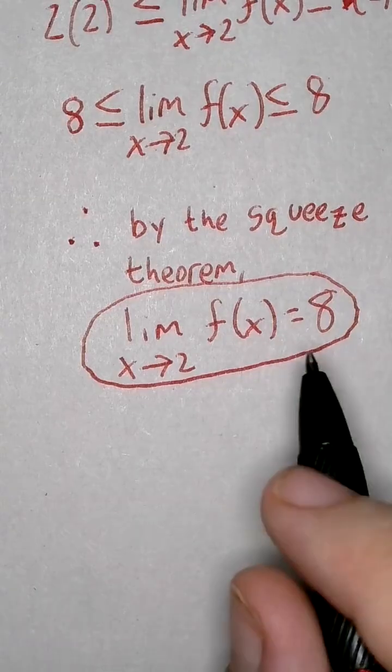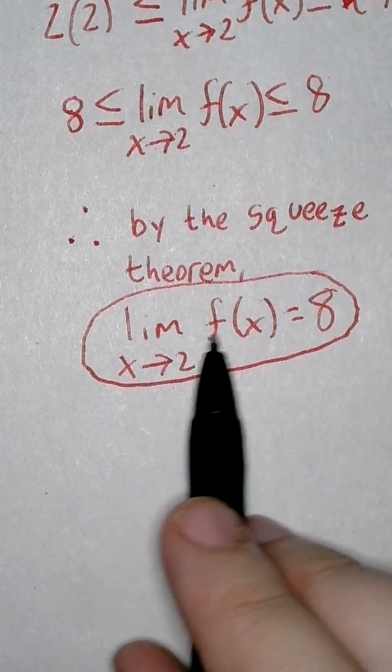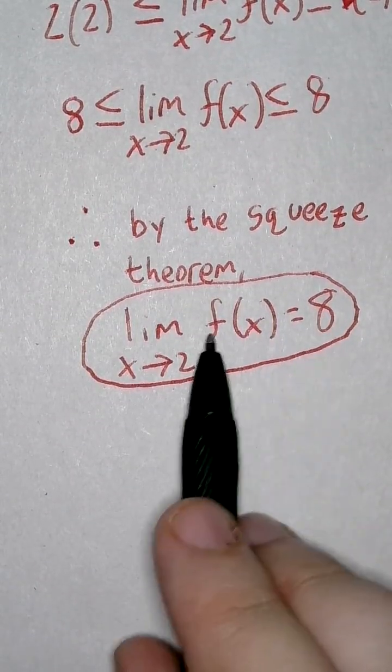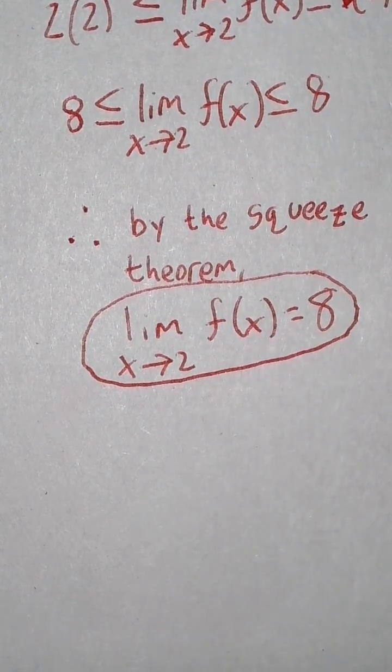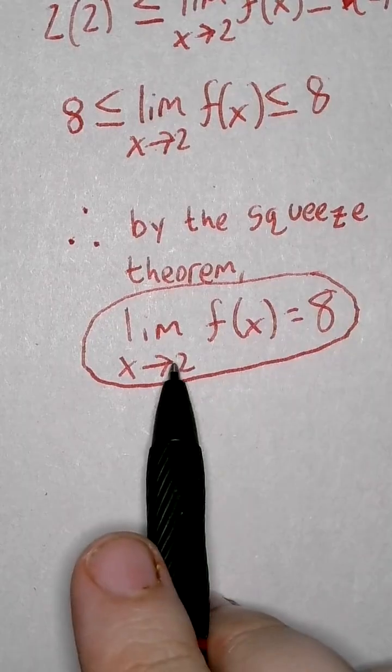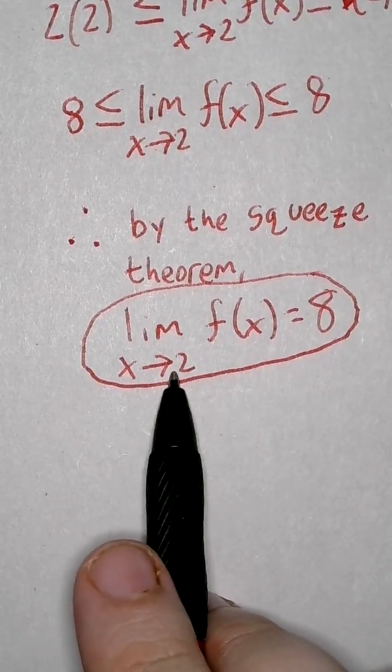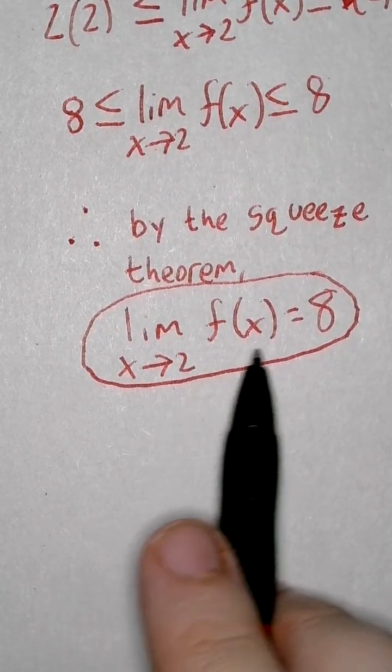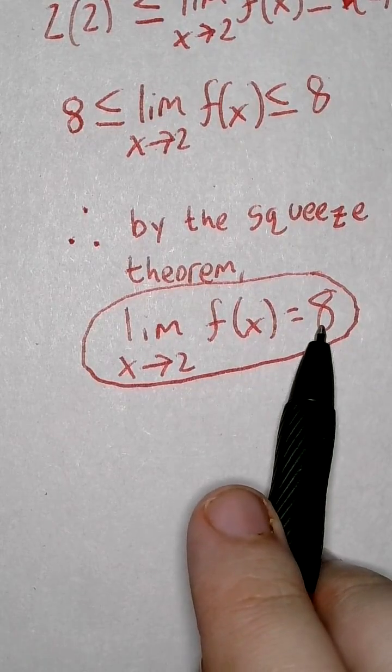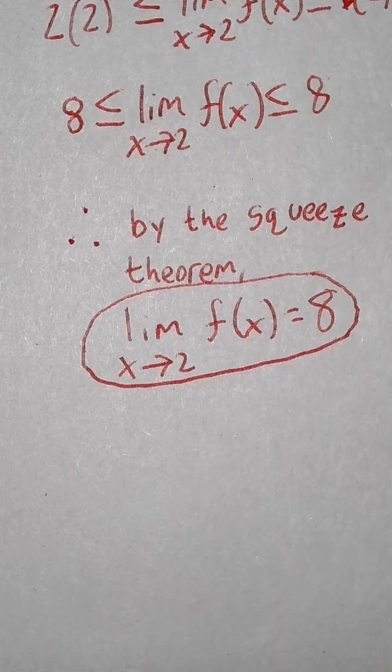Now keep in mind that this doesn't mean that f of 2 is 8. It just means that as we approach 2 from both the left and the right, y is approaching 8, or the function approaches 8.